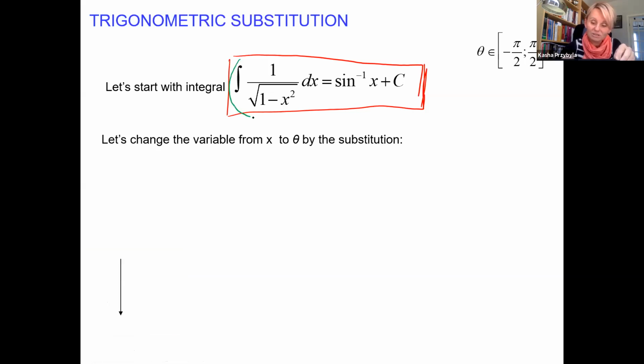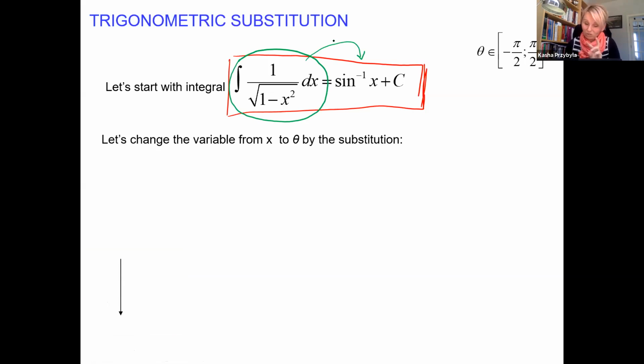That means I will start with this integral and pretend that I don't know the answer. I will apply some method, some technique of integration, and hopefully we will get inverse sine of x. But as I said, we don't have to later. If you see this particular integral, you can say right away it's inverse sine of x.